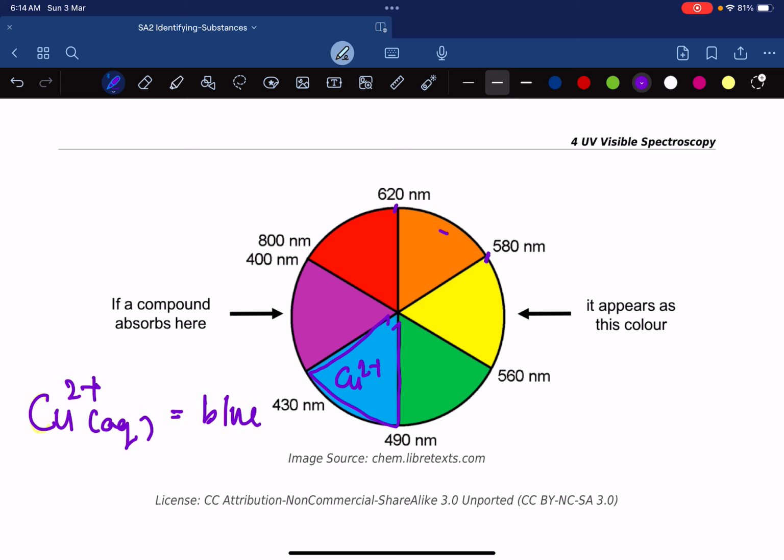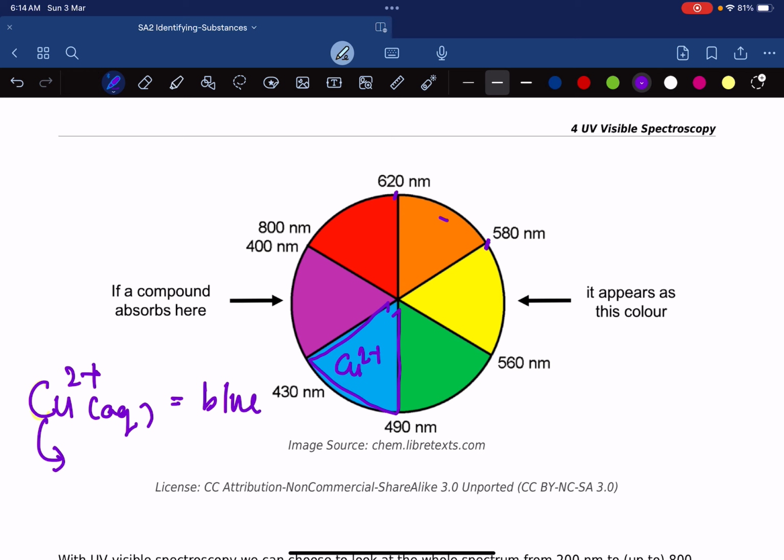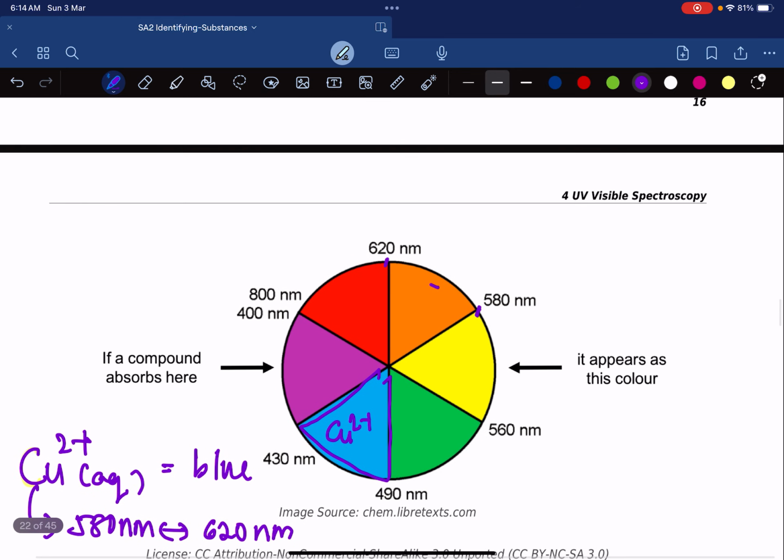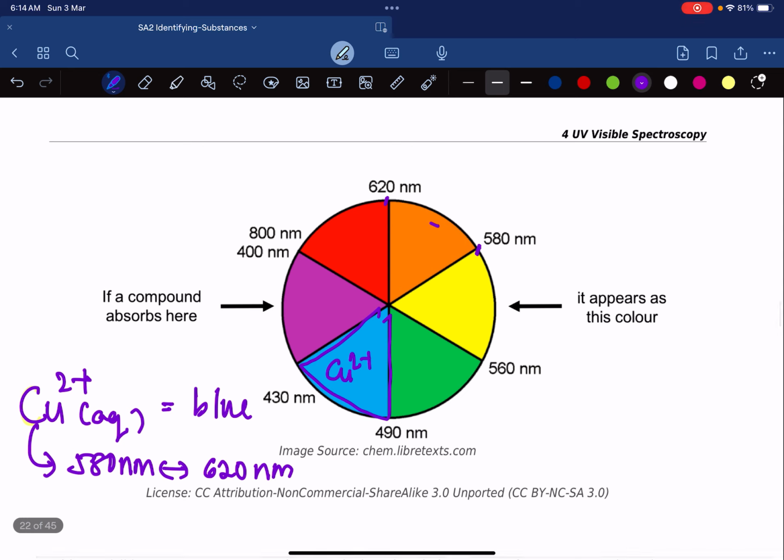So if I want to analyze copper, it is best that I use 580 nanometers to 620 nanometers. That's the best wavelength for me to use if I have a sample which contains copper ions. Let's say I want to analyze chlorophyll, or leaves, which are green in color.